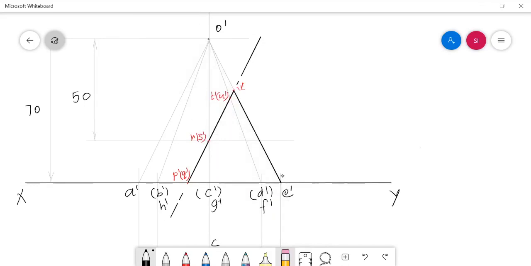Before proceeding to mark the cut points in the front view, better to mark the address of each and every cut point for our reference purpose. The cut points obtained in this problem are P, Q, R, S, T and U. Sorry, it's V. Very sorry, it's V dash.